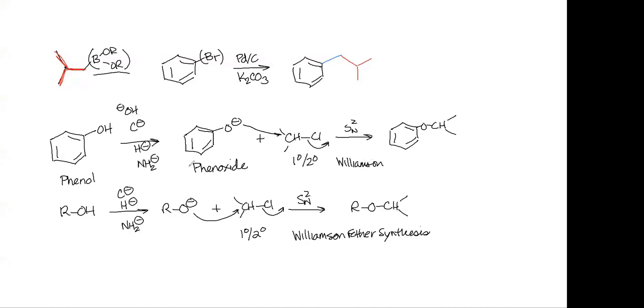And then the only thing I suppose I should add is, why does it have to be primary and secondary? Because if I have that deprotonated phenol and I tried to add to it a tertiary alkyl halide, it won't undergo SN2, it'll undergo E2, just like the Williamson ether synthesis did before.